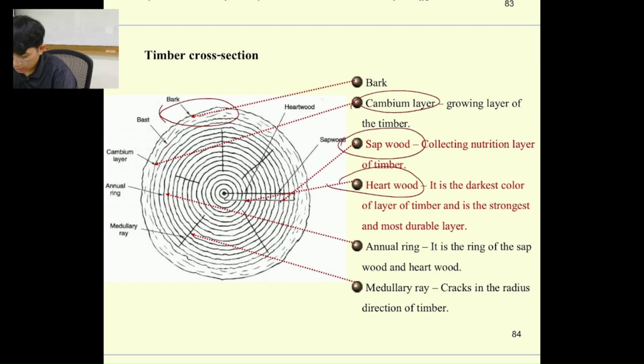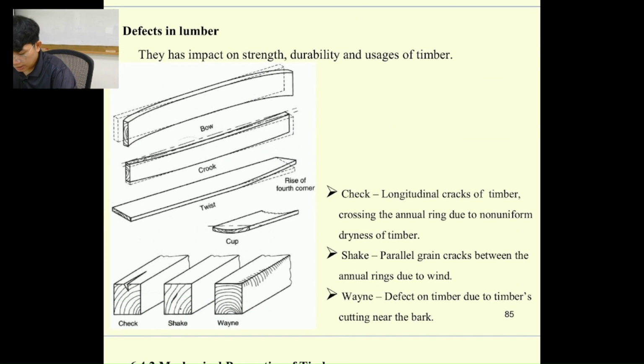We use only sapwood and heartwood, cut it and use it for construction. It may bend upward like this, which we call crook, and stay straight on the first side, while on another side it bends like this, similar to torsion, a twist like this.